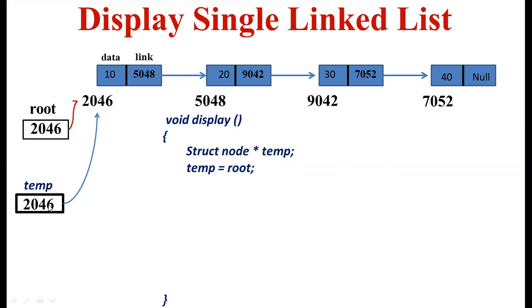Now let us see how to display all the elements in the node. First we have to check whether the list is empty or having some elements. For that, if temp is equal to null, because we have already stored the root value in temp, if the condition is true, then we need to print a message saying that there are no nodes in the list.